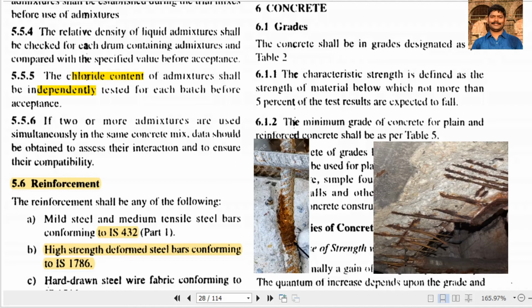Suppose you design for some strength and, due to the corrosion of the reinforcement, the strength of the concrete is reduced, so there is a high chance that it will fail. There can be structural failure, or you sometimes also find swelling of the concrete.